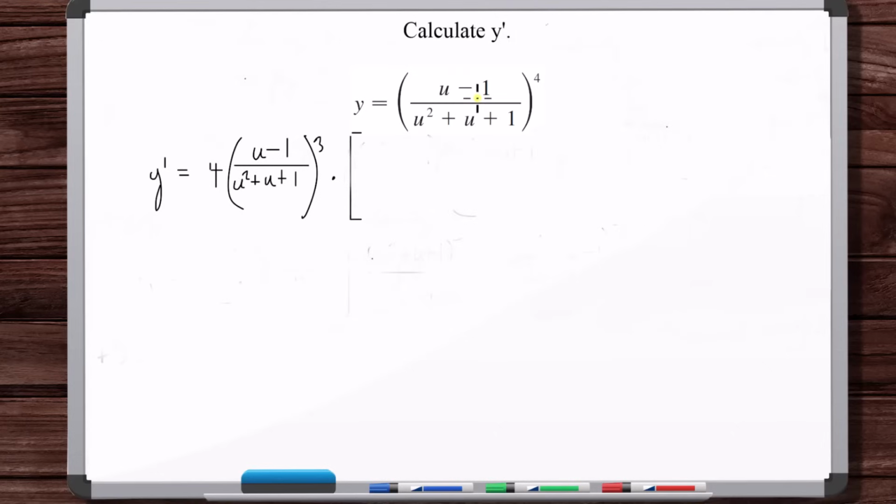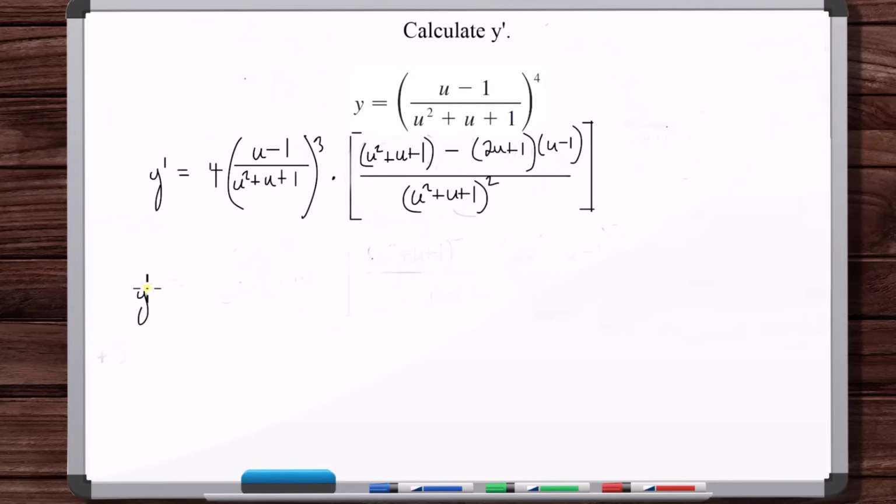Okay, so derivative of the top is just 1 times the bottom minus derivative of the bottom, 2u plus 1 times the top, all over the bottom squared.